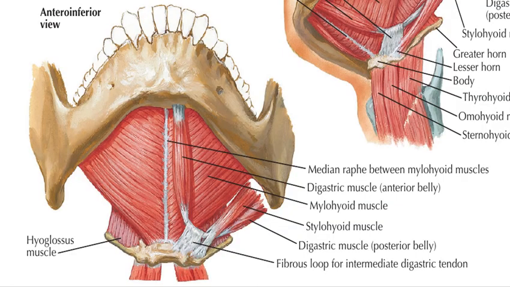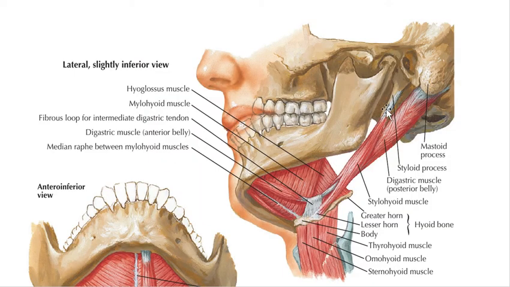Okay, and beside that, here we have got another muscle which is called stylohyoid. This is the styloid process. It is an elongated projection at the base of the skull, and the muscle is attached on this styloid process, and on the other end it is attached onto the hyoid bone.